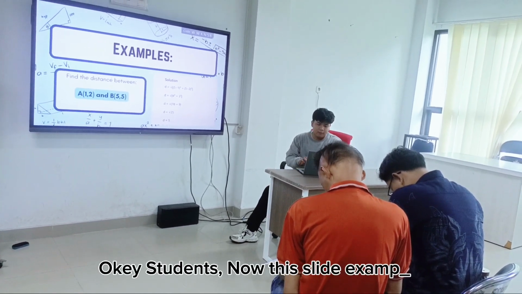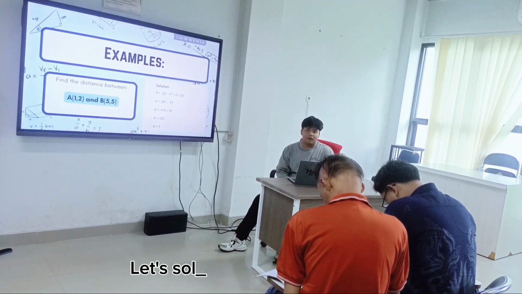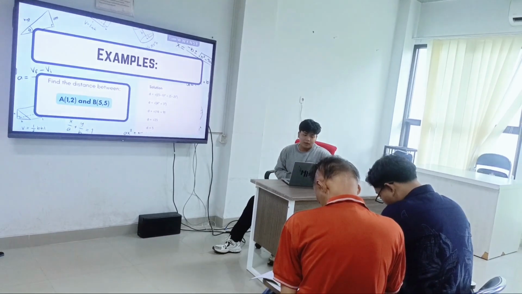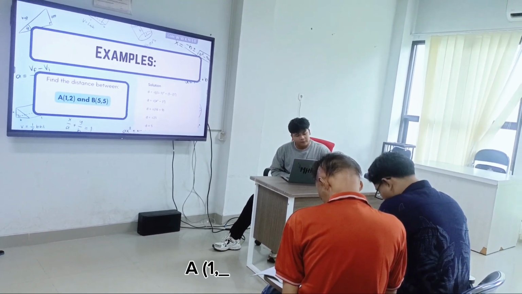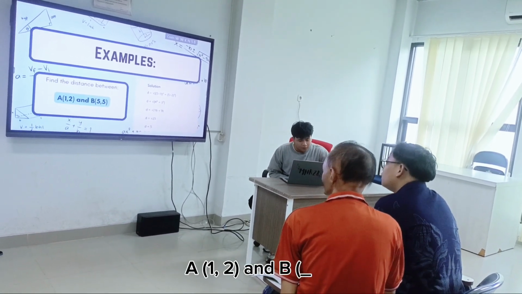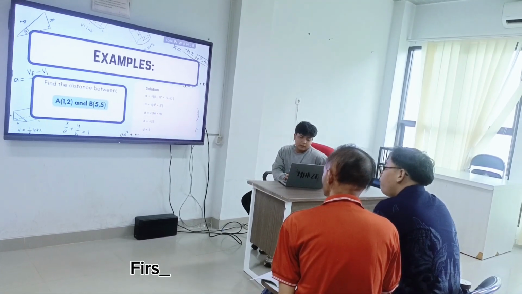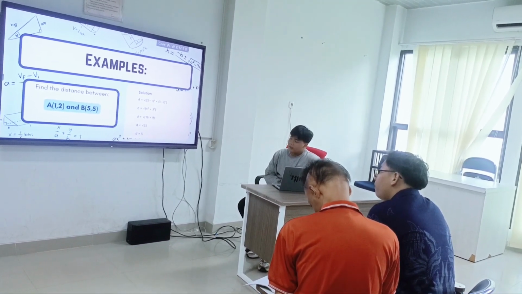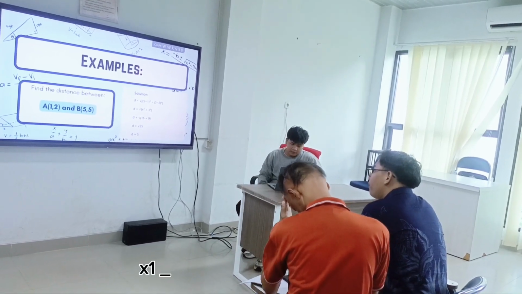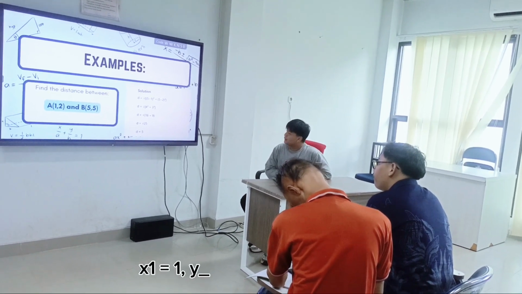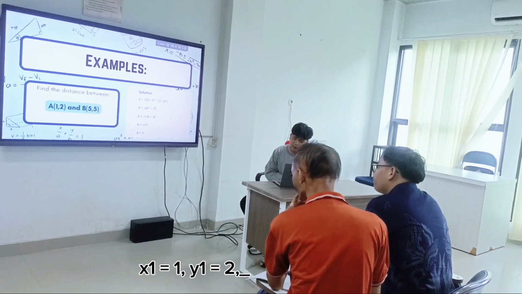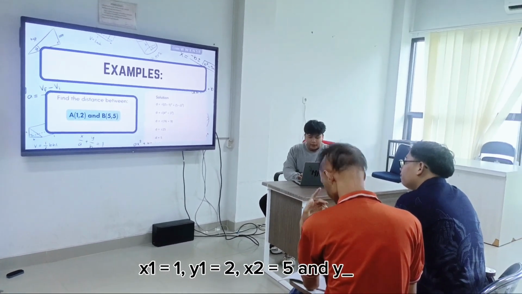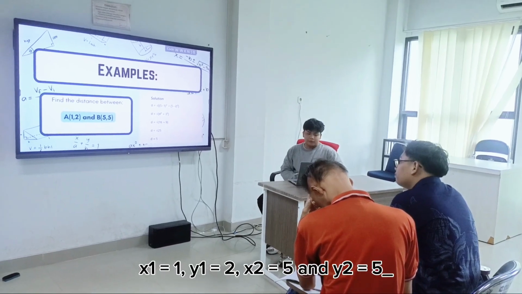Now is an example. Let's solve an example together. Find the distance between A(1,2) and B(5,5). First, identify the coordinates. x1 equals 1 and y1 equals 2, and x2 equals 5 and y2 equals 5.